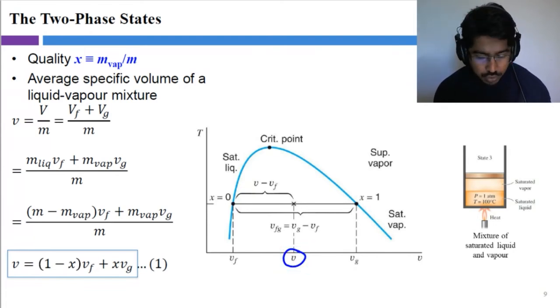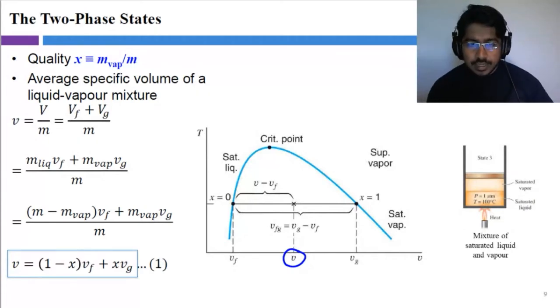We have specific volume, and we know the temperature inside this region because it does not change until the phase is fully changed, right? So this line will stay horizontal until all the liquid has become vapor.